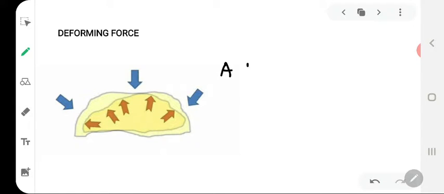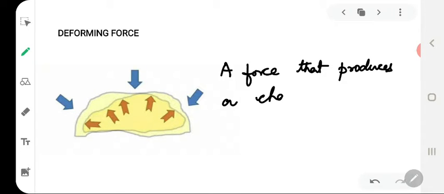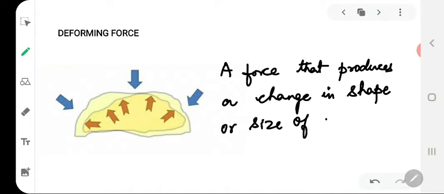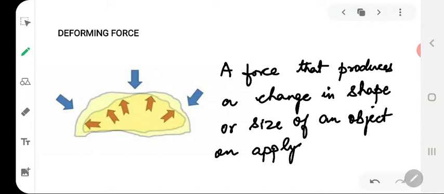A force that produces a change in shape or size of an object on applying it.